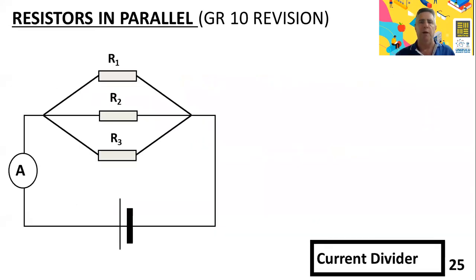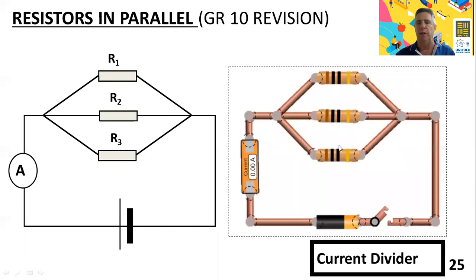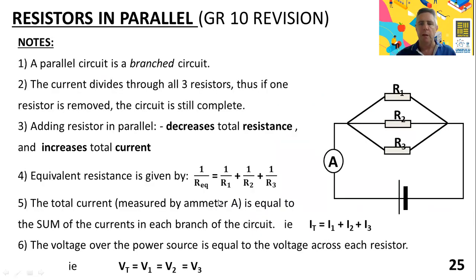On page 25, we have a parallel circuit. Again, the simple circuit diagram, 3 resistors R1 to R3 in parallel with each other, but in series with an ammeter and a battery. And again, next to that, we have set up the equivalent circuit in PHET in the circuit construction kit. This is followed by, again, 6 notes about parallel circuits.